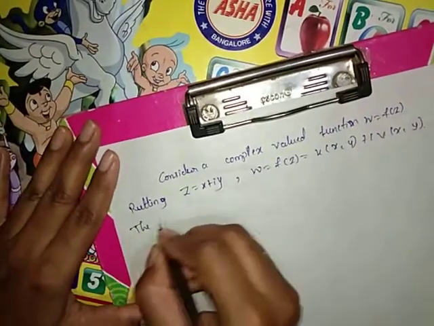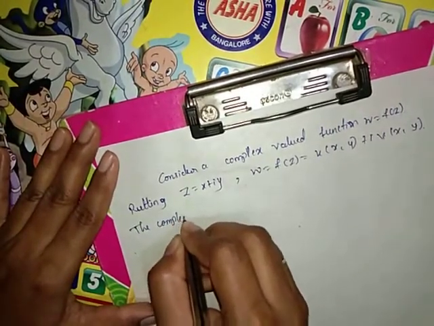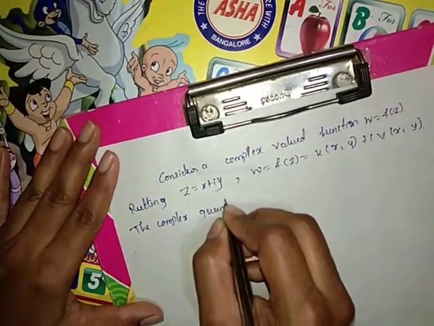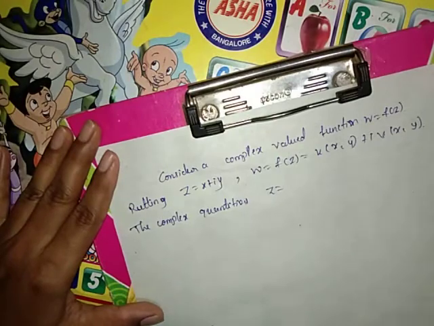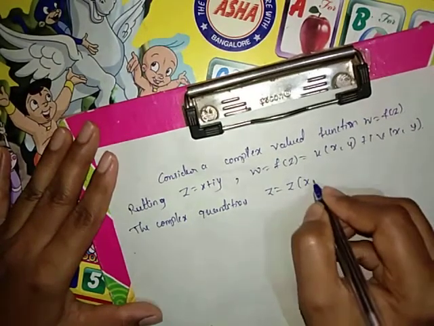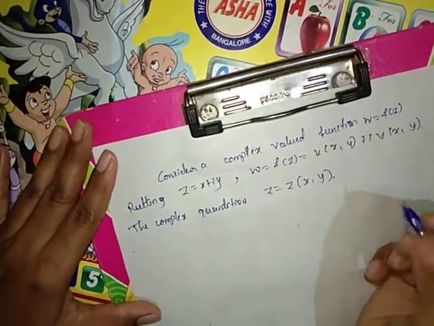Here the complex quantities mean both are complex. z is a complex number, we indicate z with the point x comma y.